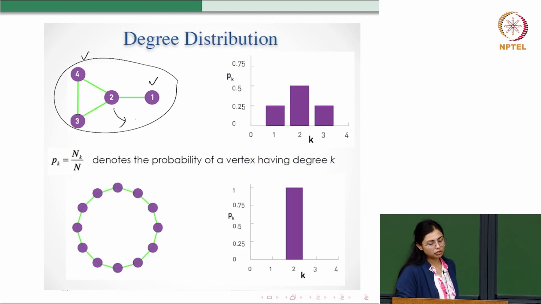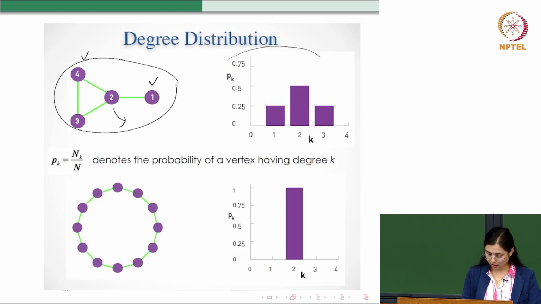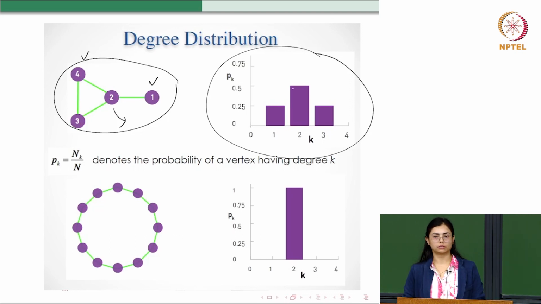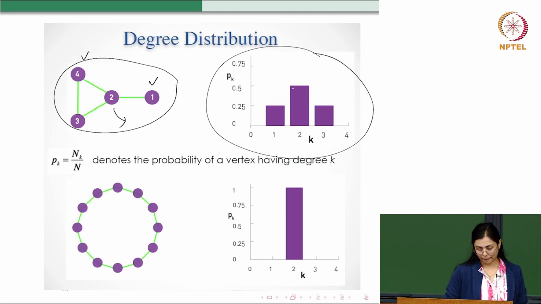So now the degree distribution: for 0, it's definitely 0. For 1, it is 1/4, 2 is half, 3 is again 1/4. And for the circle, for 2 it's definitely 1, and 3, 4 is 0.